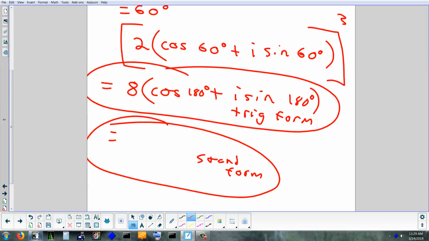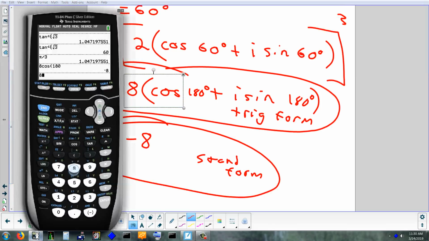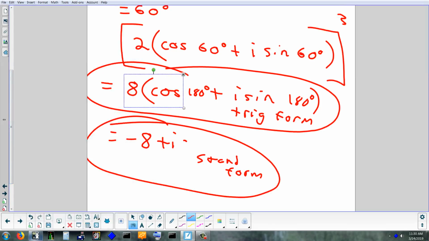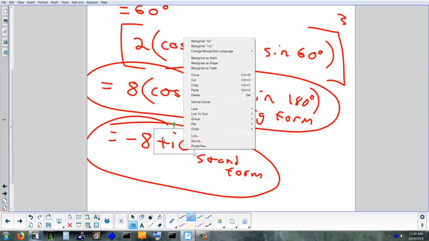-8. And now do the next part. 8 and distribute it to the sine 180. So 8 sine 180 is 0. So I have -8 plus i times 0. What's i times 0? It's really just 0.